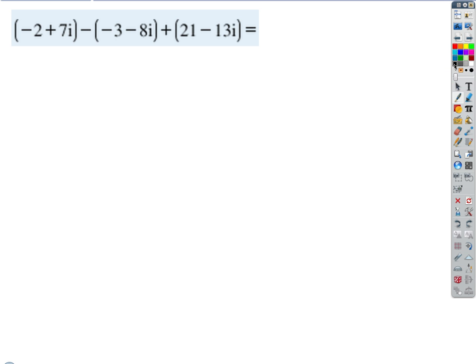We end up with -2 plus 7i. What about for the second complex number? Do I have to distribute anything there? Yeah, we have to distribute that -1, which gives us what 2 terms? Plus 3. Good. And then the last one, nothing, right? It just stays the same.